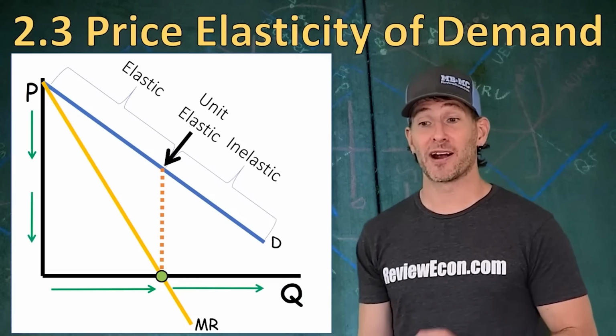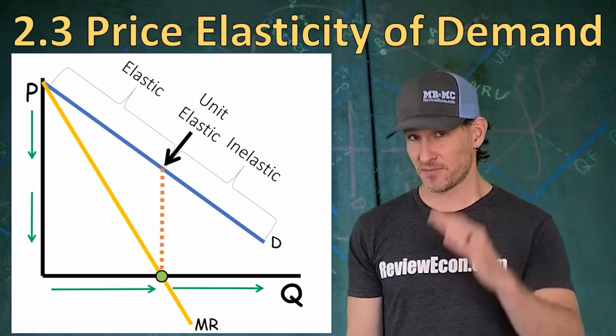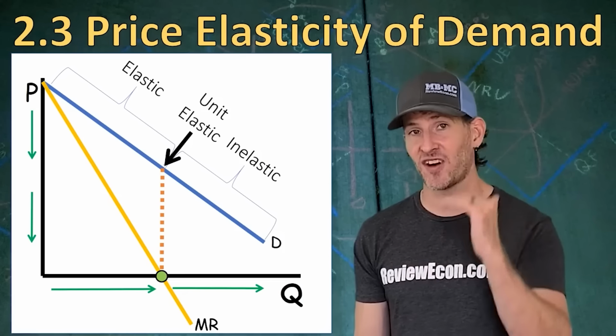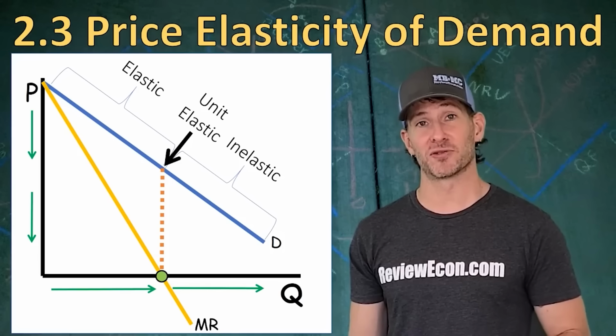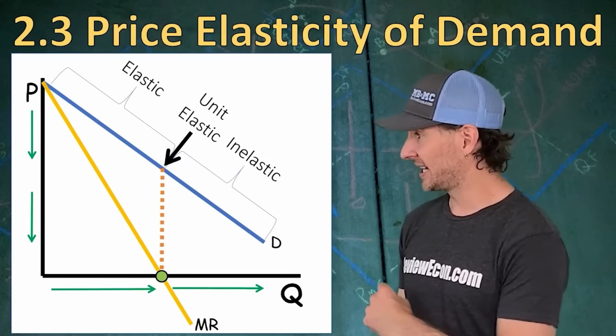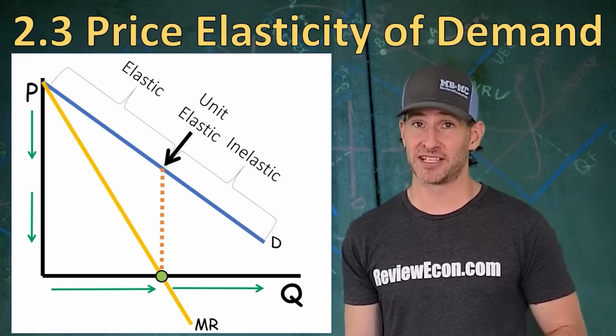Further down, where marginal revenue becomes negative, price is falling, quantity is increasing, and total revenue is falling because marginal revenue, which is the change in total revenue, is negative here. That gives us an inelastic portion of this demand curve.